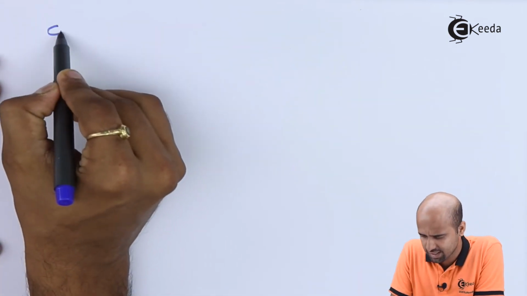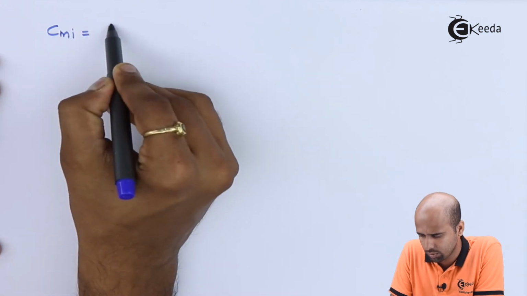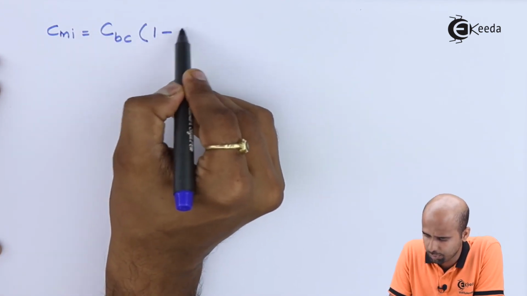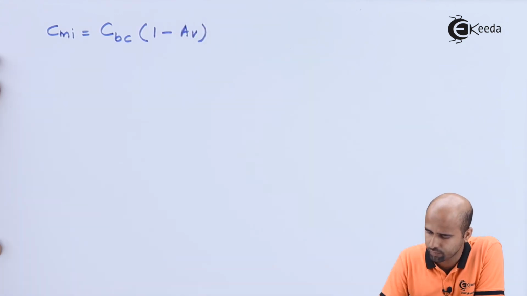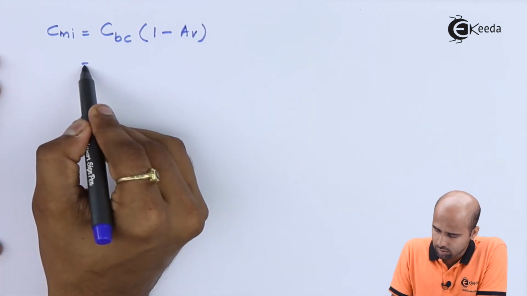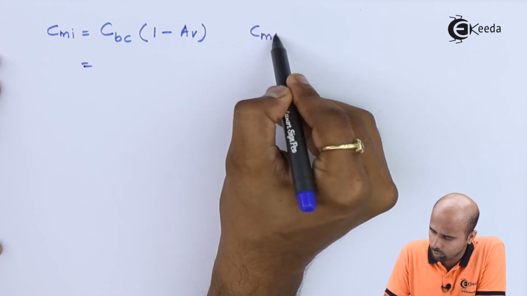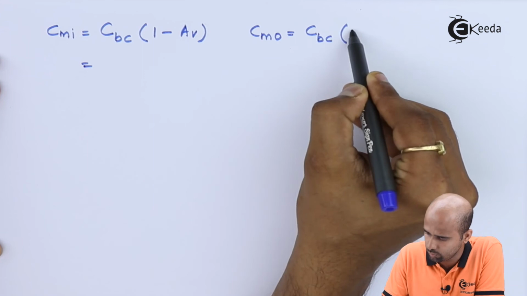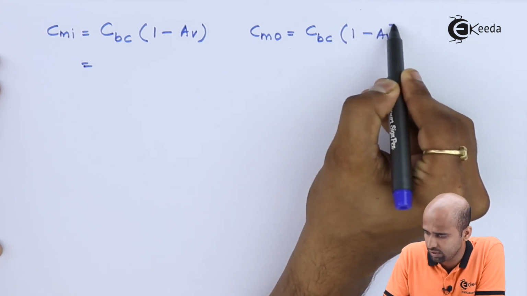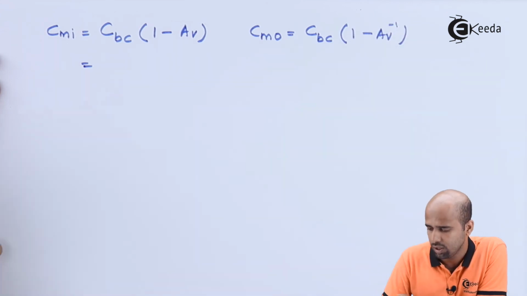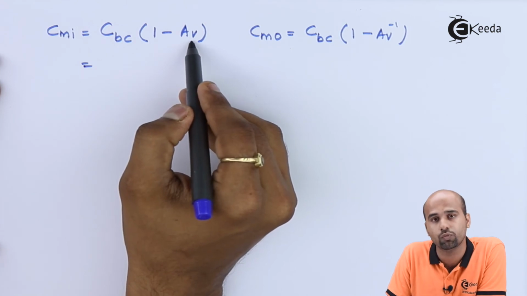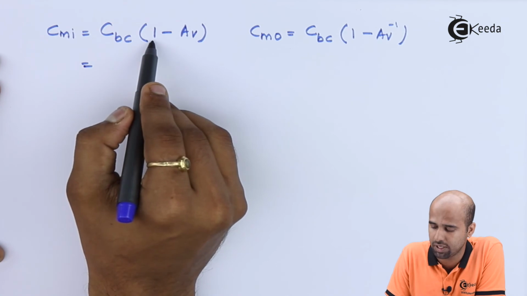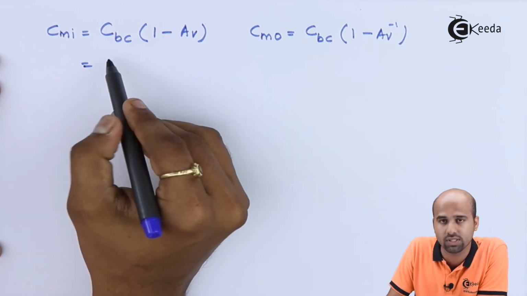We'll write that CMI is equal to CBC multiplied by 1 minus AV, and CMO is equal to CBC into 1 minus AV inverse. We know the value of AV is equal to minus 469. So minus 469 plus 1, that will become 470.